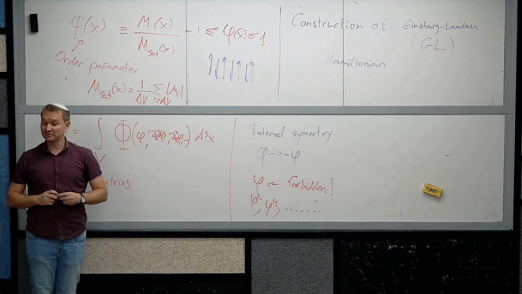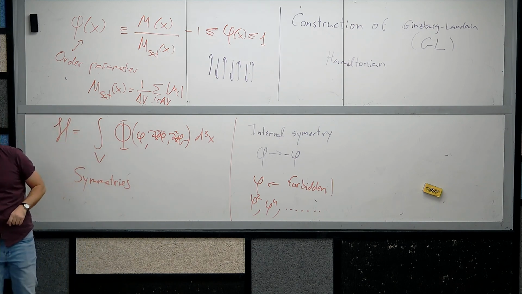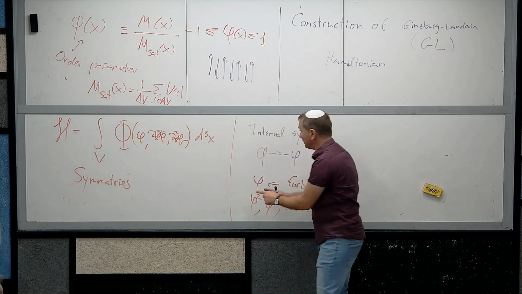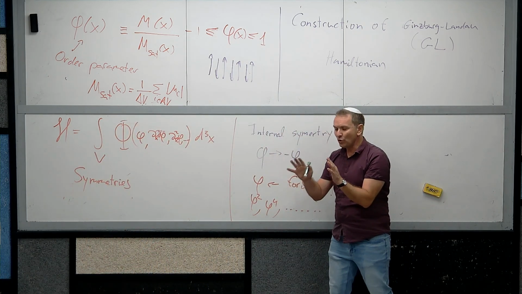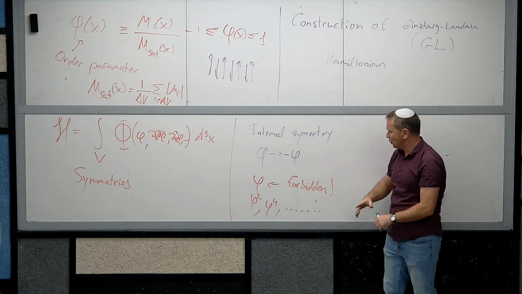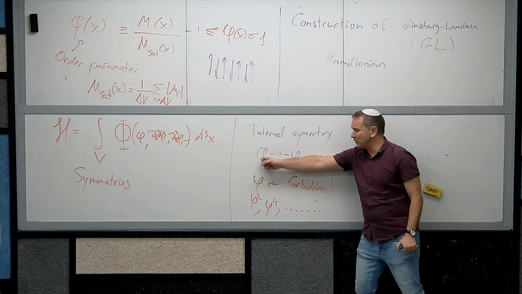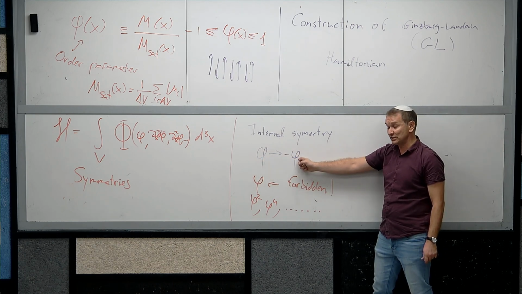For example, if we do have an external field, we cannot have phi squared? No, we can have phi squared, but look, the symmetries only tell you what you cannot have. If you don't have an external field, the symmetry tells you that the energy is not modified when you make phi go to minus phi everywhere inside your system.